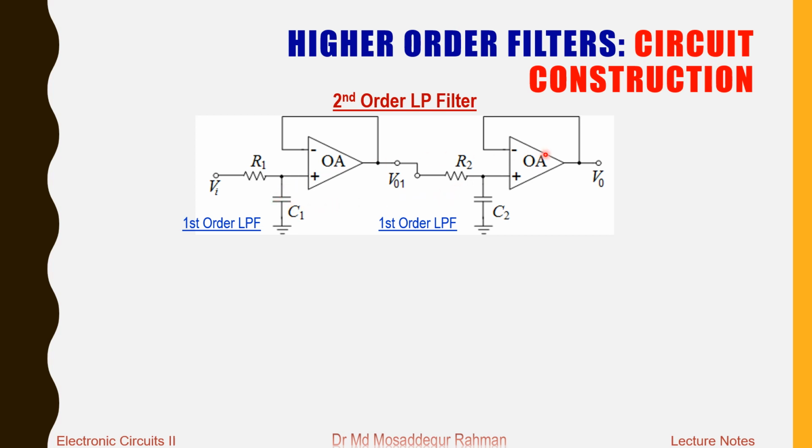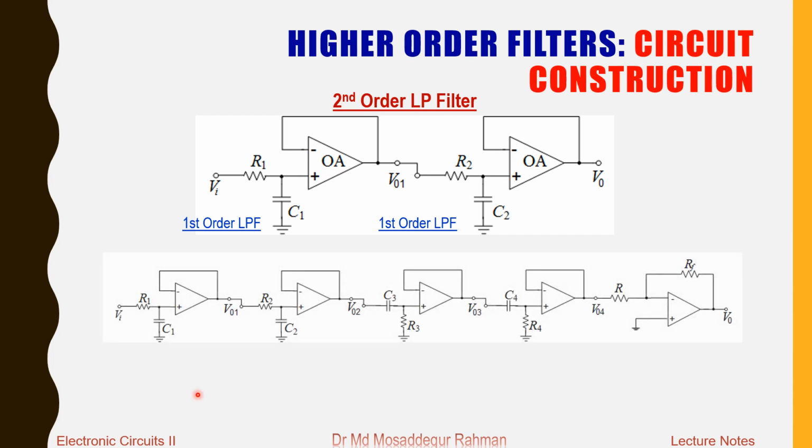So each of these filters individually provides a fall of gain of 20 decibel per decade, resulting in an overall decrease in gain of 40 decibel per decade. This is how, by joining two first order filters in series, you get a second order filter. We have joined two low pass filters in series, and that gives us a second order low pass filter.